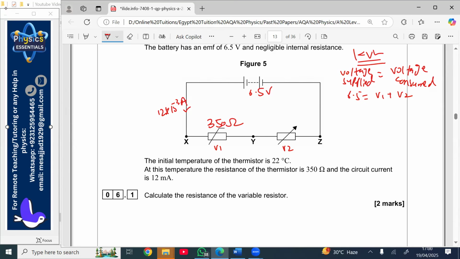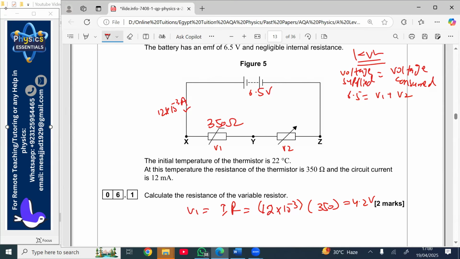First of all, I will calculate V1. V1 is actually IR. So I is 12 into 10 raised to the power minus 3 times R, which is 350. When I do that, I get 4.2 volts.